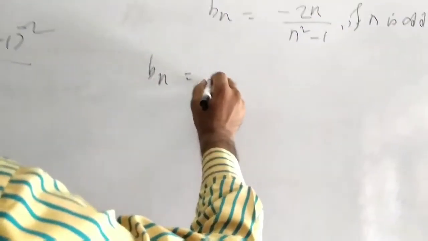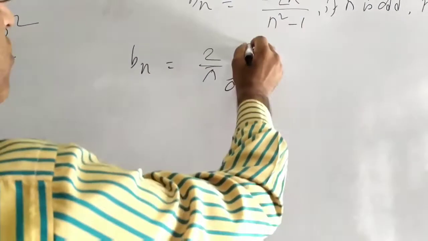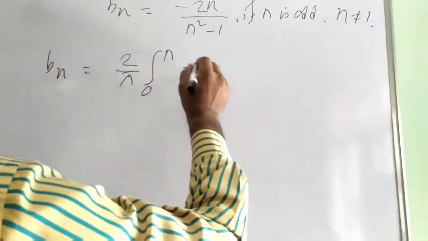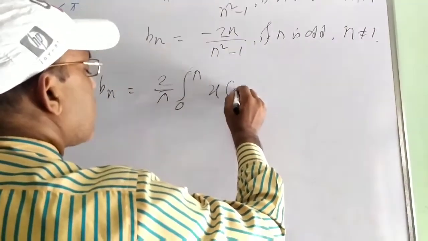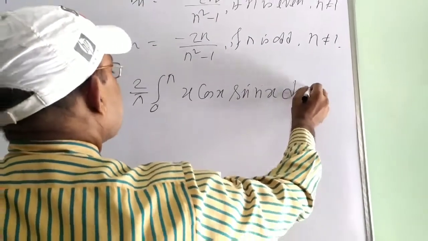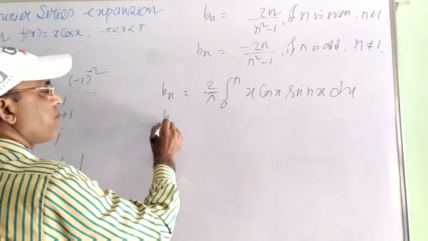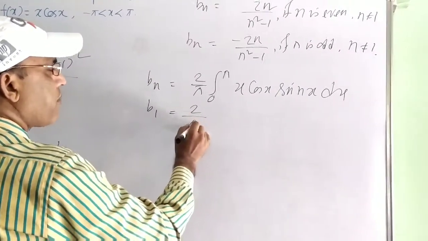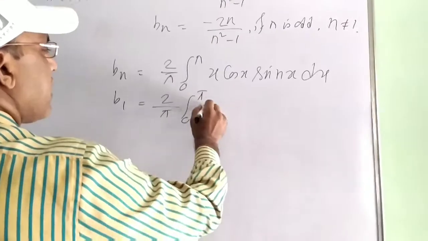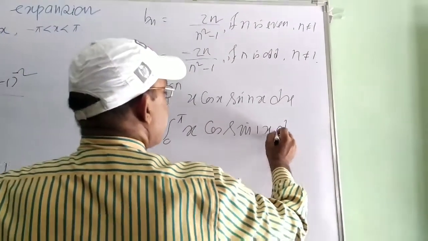Again, Bn means 2 by pi, 0 to pi, x cos x sin nx dx. So B1 we find from this relation: B1 is 2 by pi, 0 to pi, x cos x sin 1x dx.